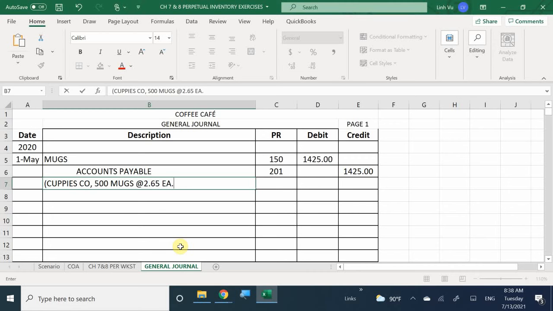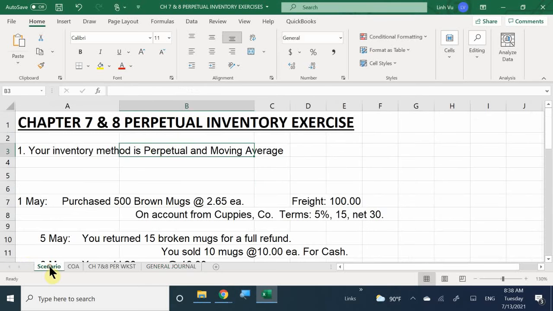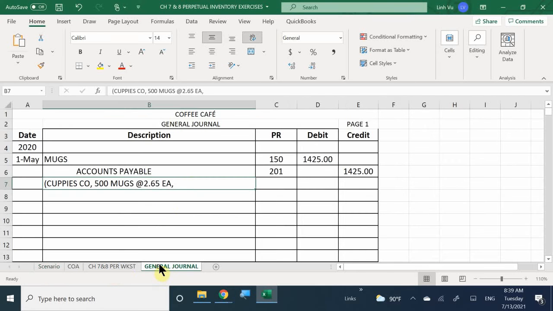And you also got terms. What was it? 5% if we pay within 15 days. If not, the whole bill is due in 30. So there you go. 5%, 15, net 30.